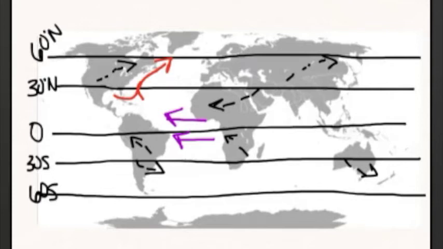And if we remember, our surface winds here are blowing from the west, and so that's helping drive our surface current there. The North Equatorial Current is being driven by the surface winds that are blowing from the east.